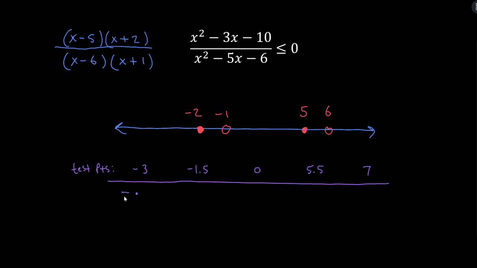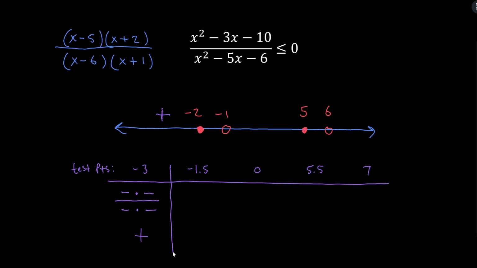We just need to know whether it's positive or negative. -3 plus 2, that's a negative as well. -3 minus 6, that's a negative as well. -3 plus 1, that's -2. We have 1, 2, 3, 4 negatives in this expression. Whenever we have an even number of negatives, the result is going to be positive. When we have an odd number of negatives, the result's going to be negative. So our final answer for this is that we are positive in this section, and I'm going to write a big plus here. Positive in that section, okay?